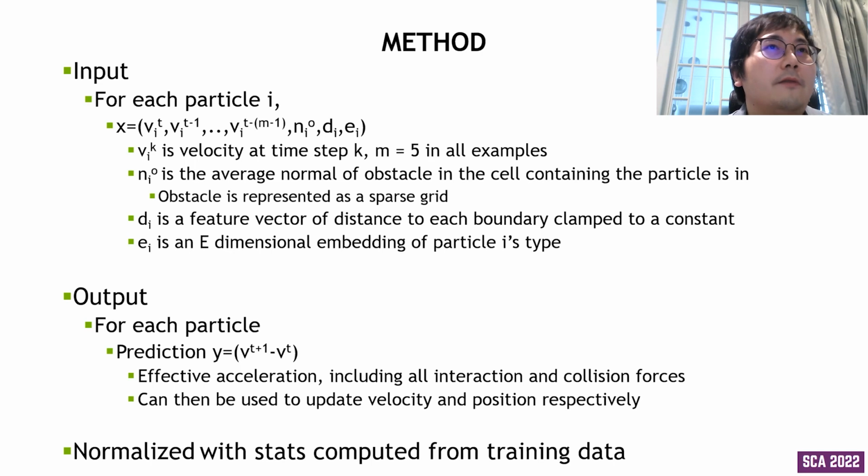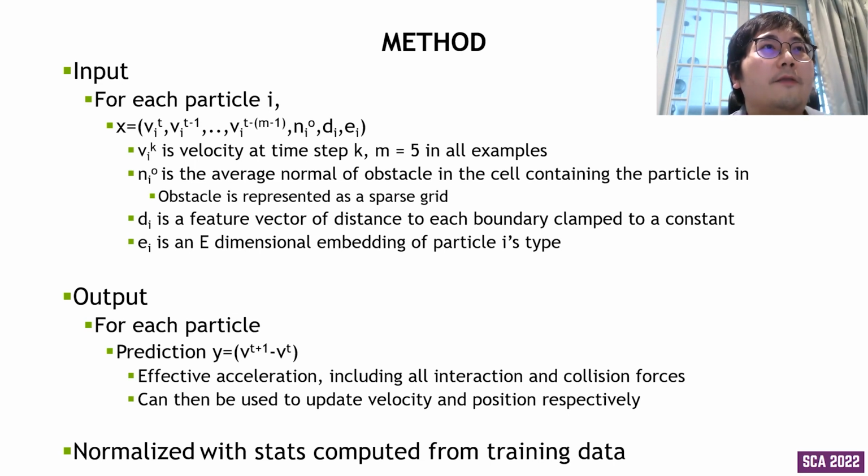Otherwise, it's 0, since we represent the obstacle as a sparse grid. Another feature is D, the distance to each boundary clamped to a constant, in case the scene is bounded. And E is the embedding of the particle type, to distinguish between types of particles like sand, water, and snow.